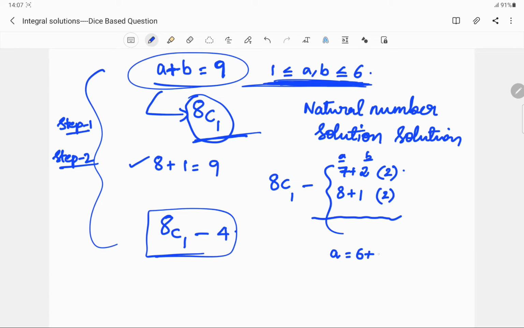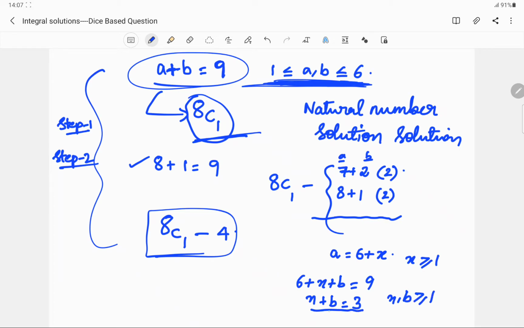Say a is 6 plus some x, and x should be greater than or equal to 1, because if x is 0, a equals 6, which is still a valid case, and we need not subtract it. So instead of a we put 6 plus x, so 6 plus x plus b equals 9, so x plus b equals 3, and x and b are greater than or equal to 1.